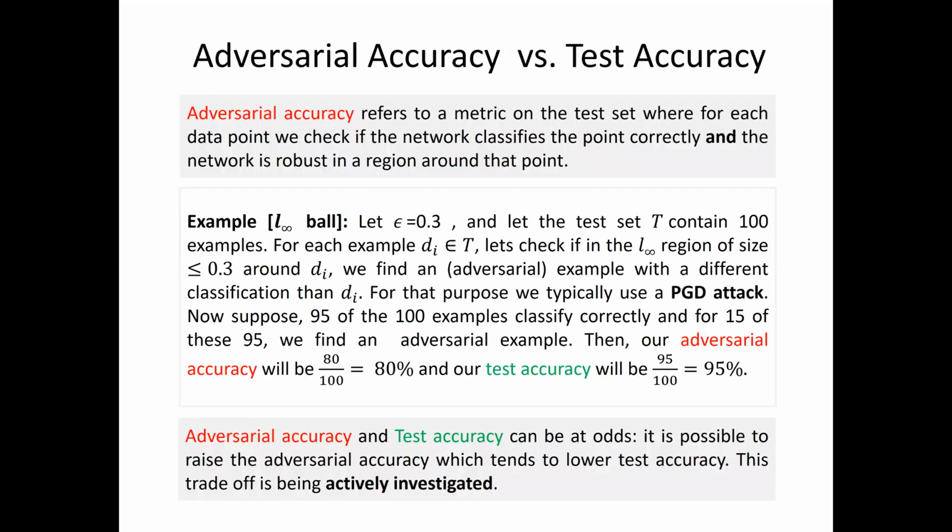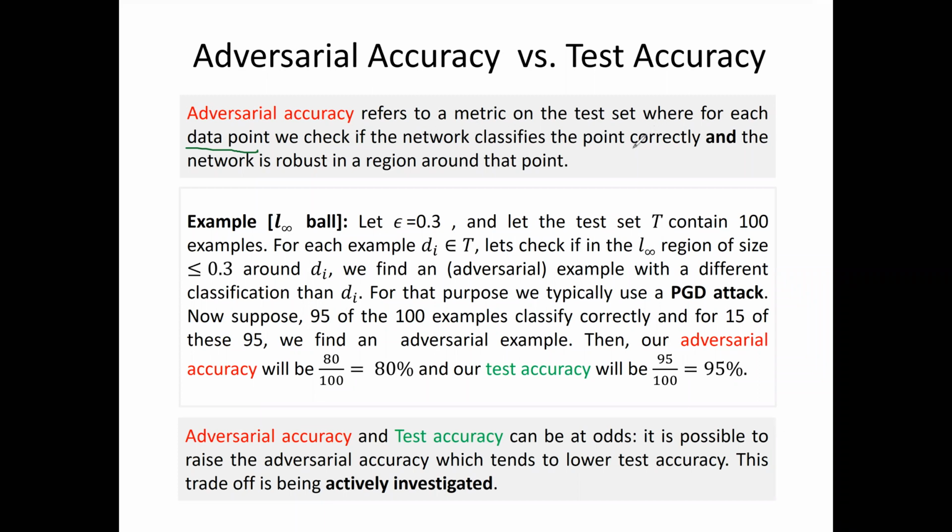Now, before we study these adversarial defenses and before we see the formulation, let's look at a couple of metrics here. We're specifically going to be looking at this metric called adversarial accuracy. Adversarial accuracy is a metric on the dataset, computed by taking some data point and checking if the neural network classifies the point correctly.